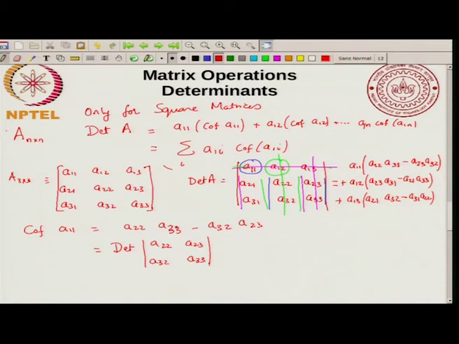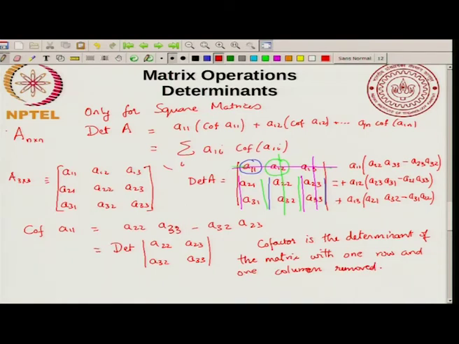So this cofactor is nothing but a determinant of a smaller matrix. Cofactor is the determinant of the matrix with one row and one column removed.